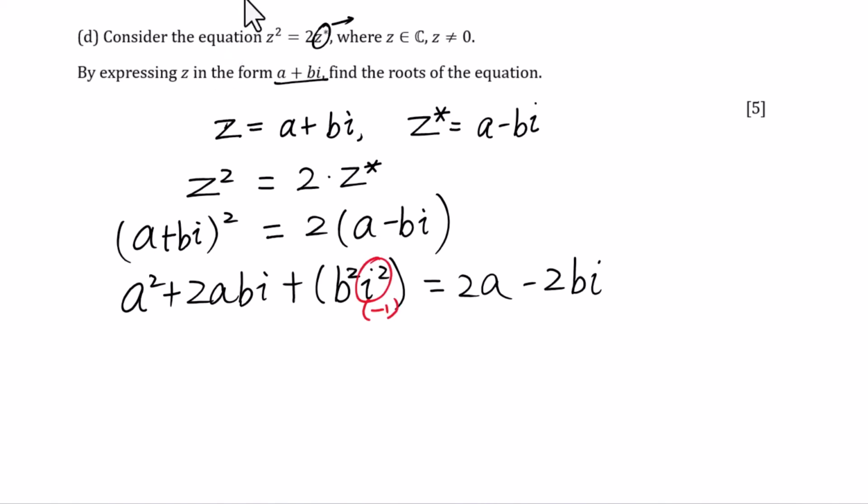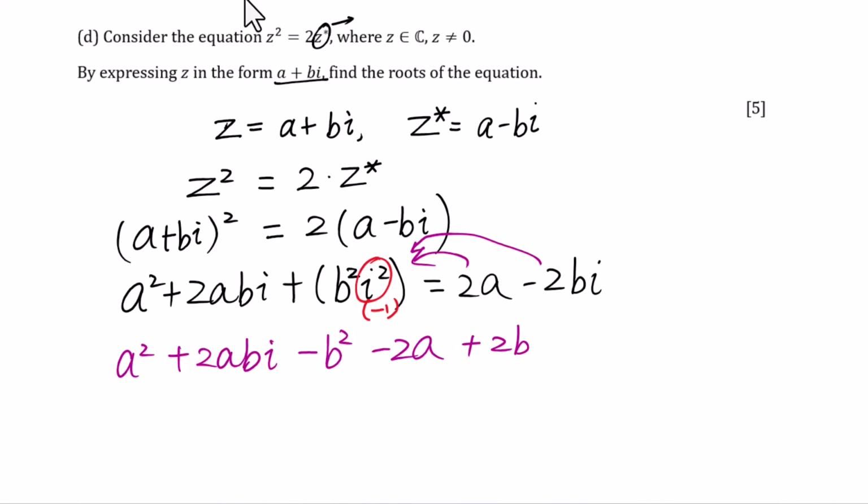We know i squared equals -1. So we will move everything to the left side. Remember to change the sign. a squared plus 2abi minus b squared minus 2a plus 2bi equals 0.